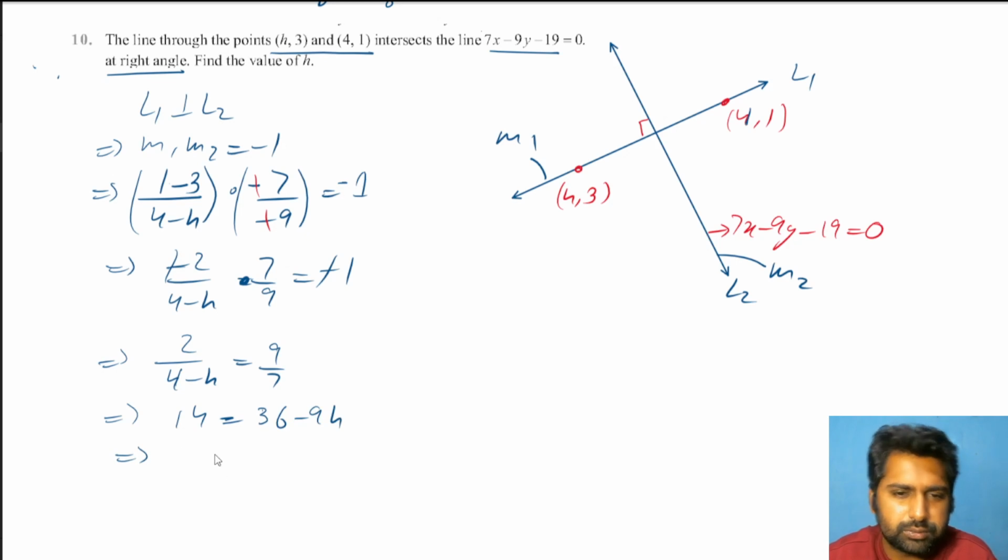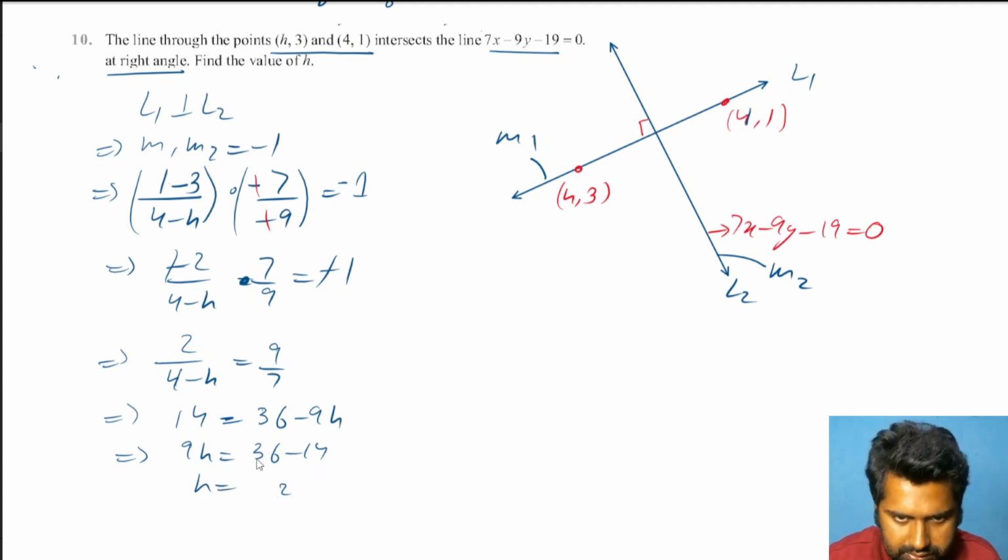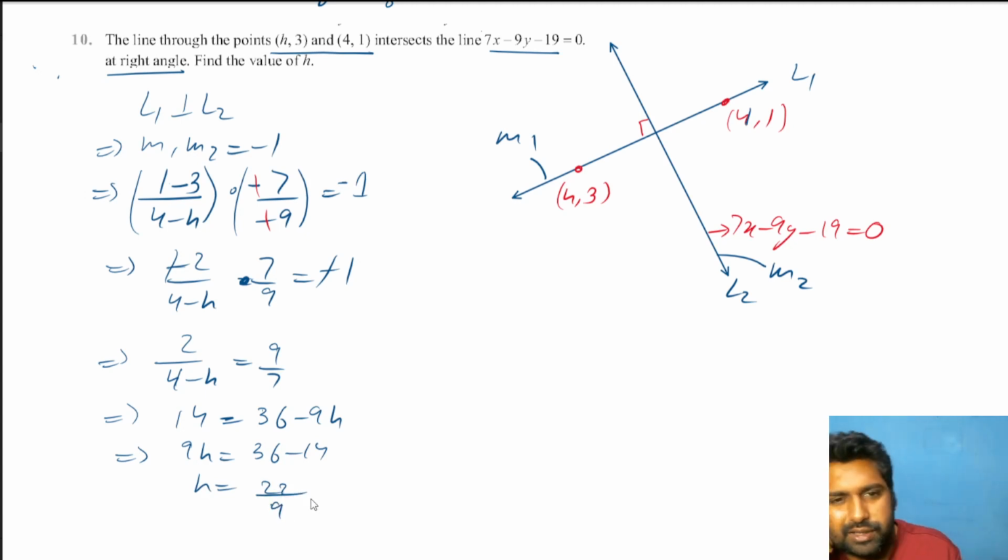h will come in fraction. 9h is equal to 36 minus 14. h is equal to 22 by 9. Weird value. I was expecting a good answer out of it.